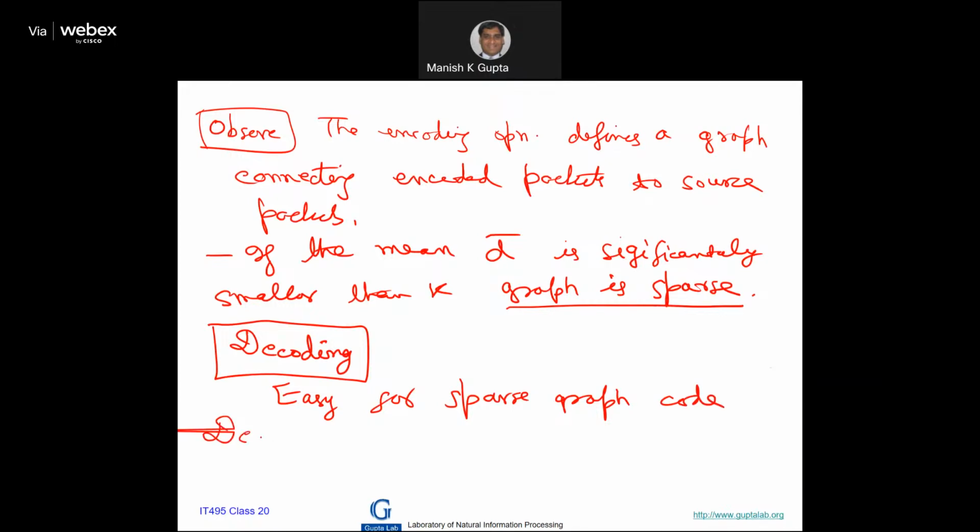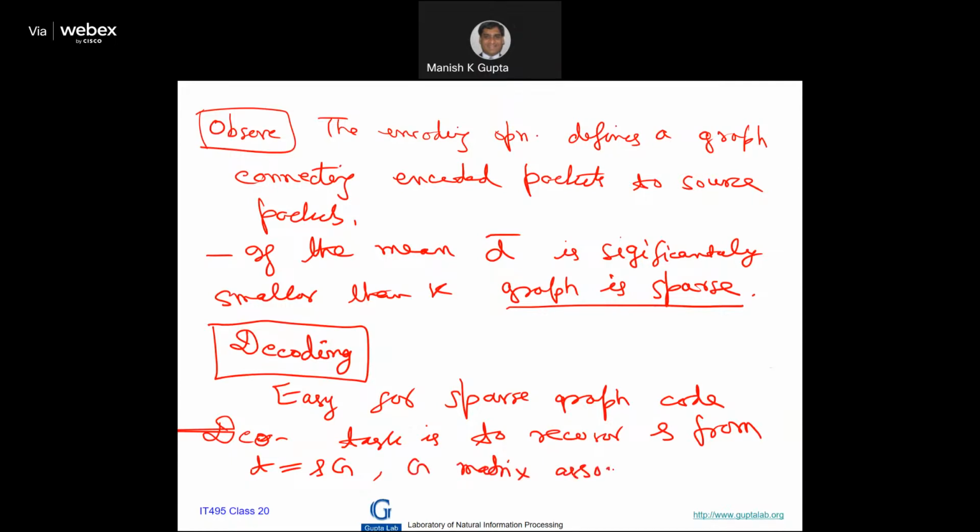The decoder's task is to recover S from T equal to SG, where G is the matrix associated with the graph.